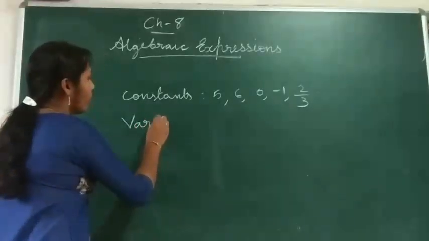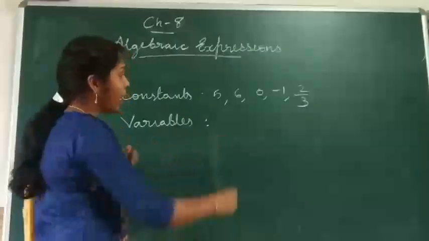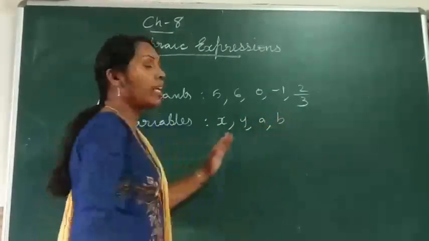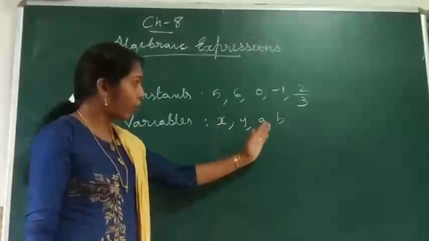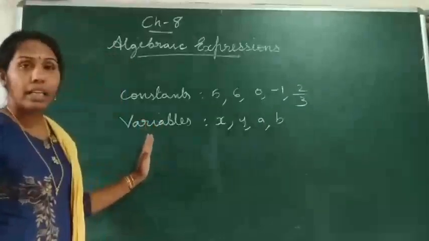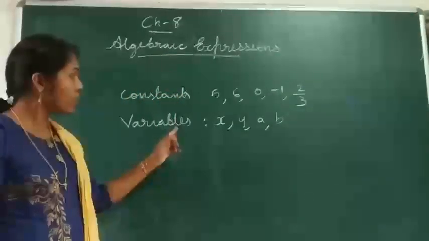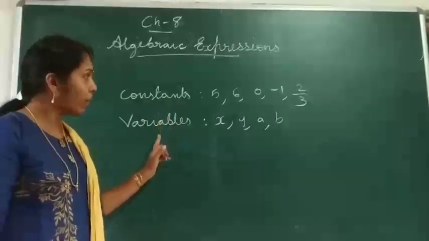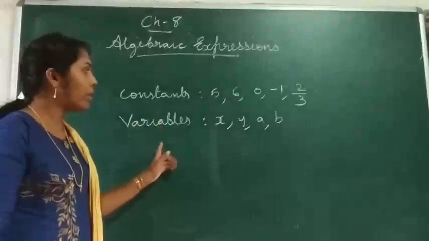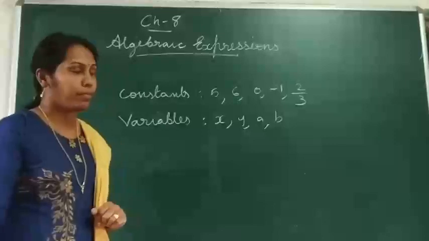For variables, for example, we take variables with the names x, y, a, b, etc. We use these letters, or any letter in the alphabet, for representing variables. So an algebraic expression contains two types of quantities: constants and variables. Constants have a fixed value, they never change. Variables can change their value, or can have different numerical values.